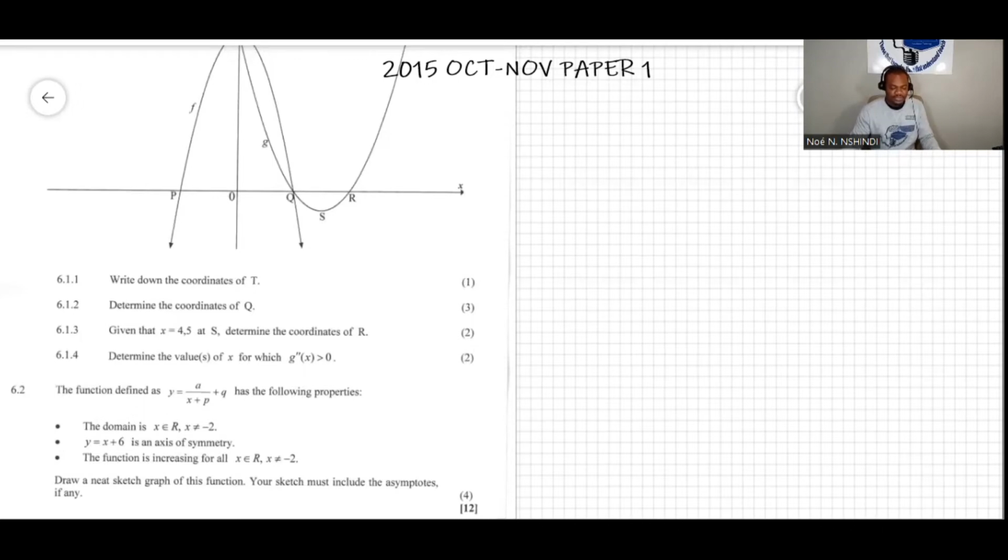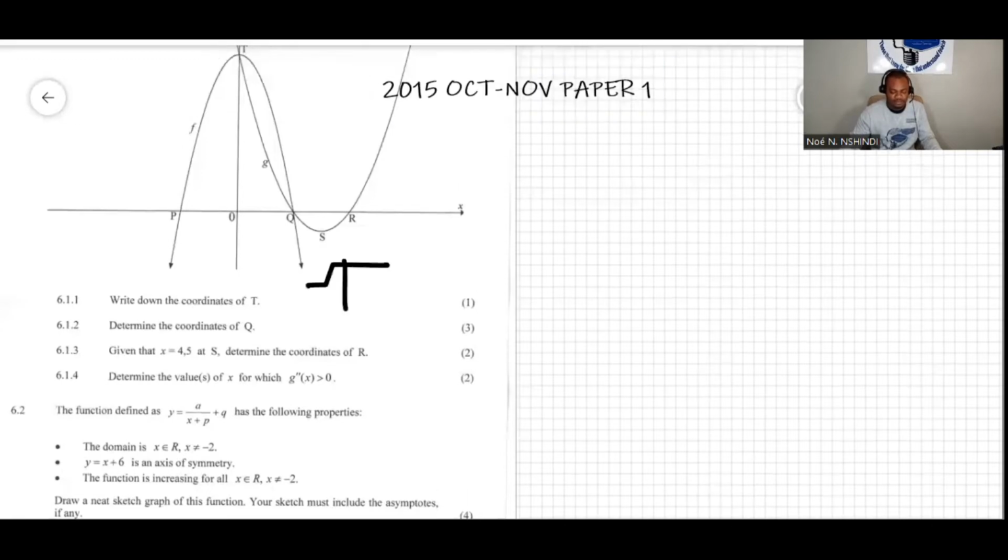The equation that is given here is an equation of a hyperbola. And we know that a hyperbola has some properties. Because we need to do the graph, we already know that a hyperbola may look like this, or it will look like that, depending on the value of a.